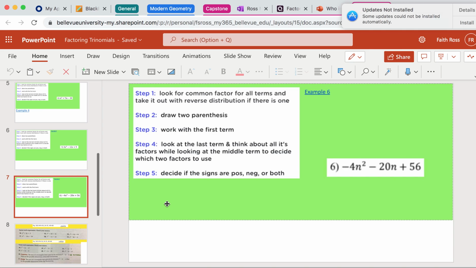So remember, your first step is to find the GCF. Yes. Remember that your A value always has to be positive. Okay.